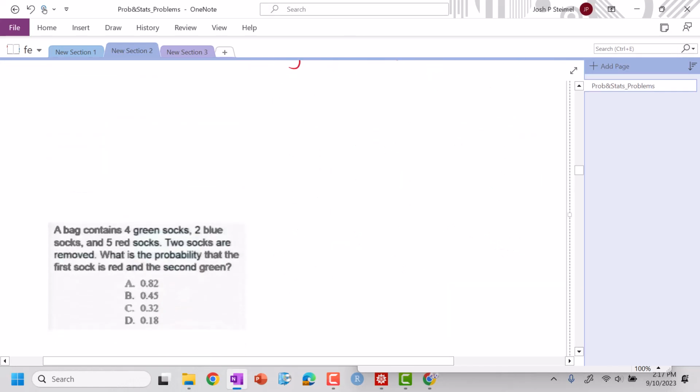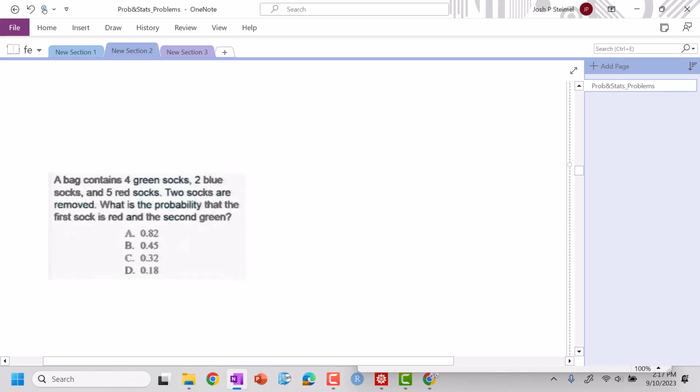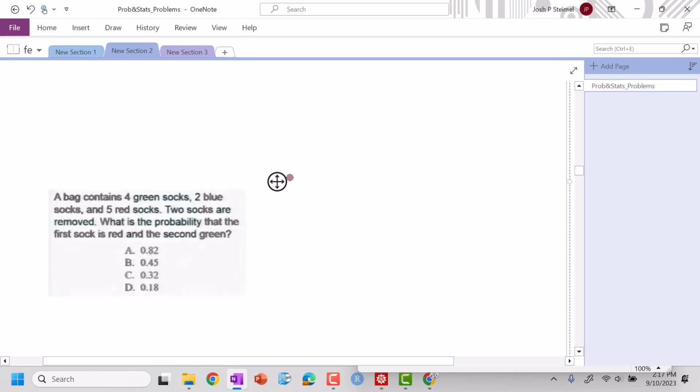All right. So we have a bag that contains 4 green socks, 2 blue socks, 5 red socks. 2 socks are removed. What is the probability the first sock is red? So let's do probability. The first sock is red is 5 over how many socks? 4 plus 2 plus 5, so 5 out of 11.